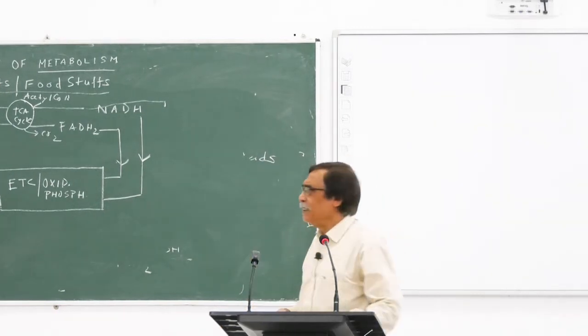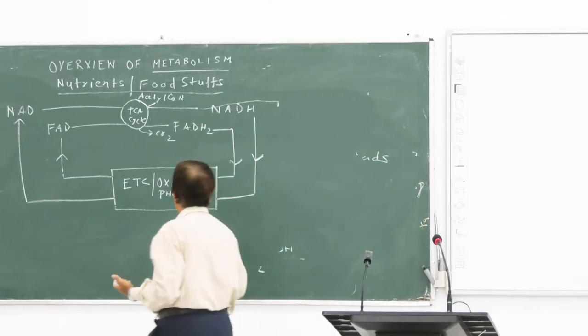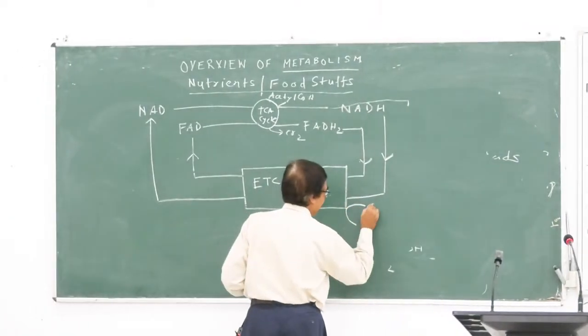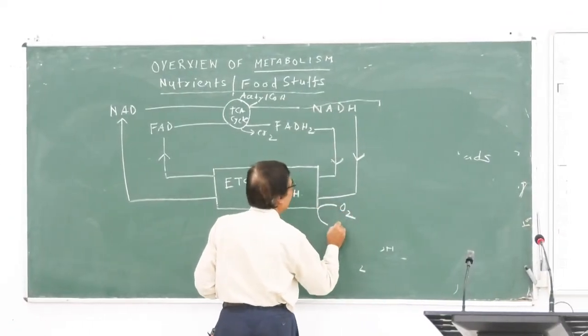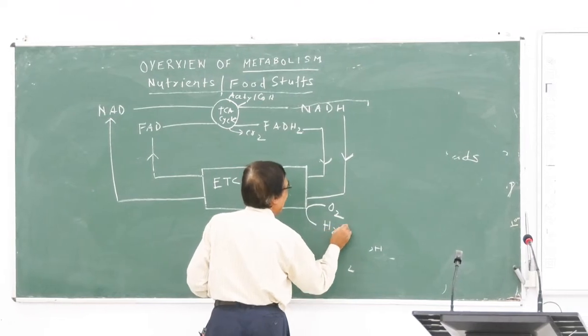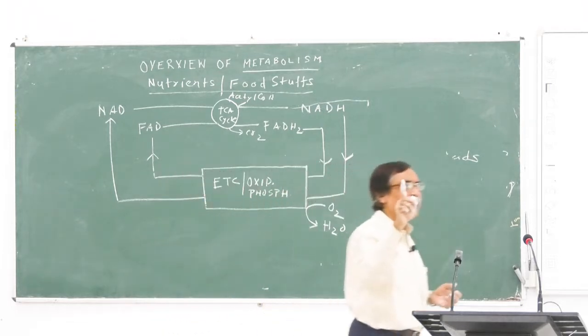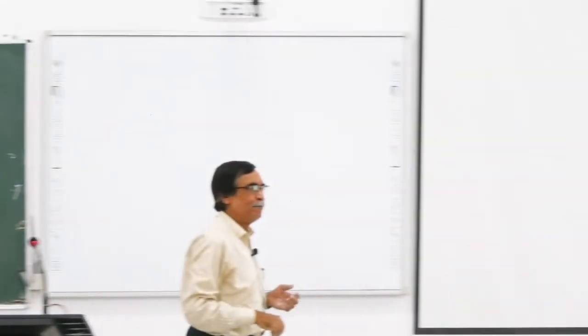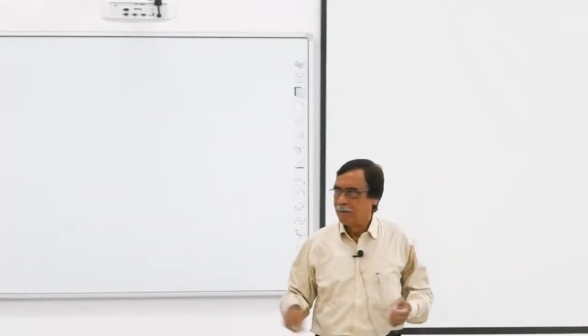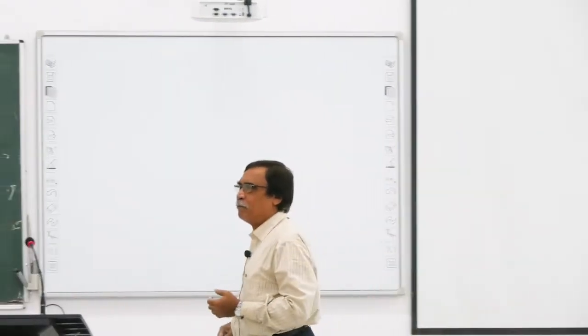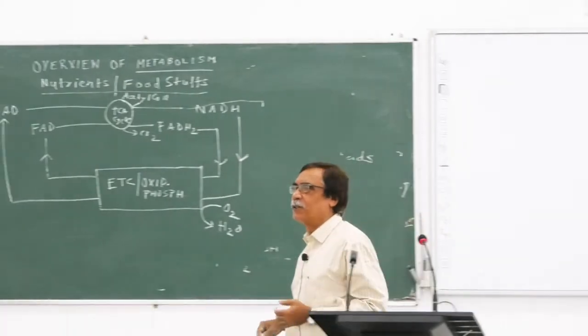It is oxygen. Reduction of the oxygen to water at the expense of oxidation of the NADH and FADH2. Oxidation of the NADH and FADH2 occurs at the expense of reduction of molecular oxygen to water.